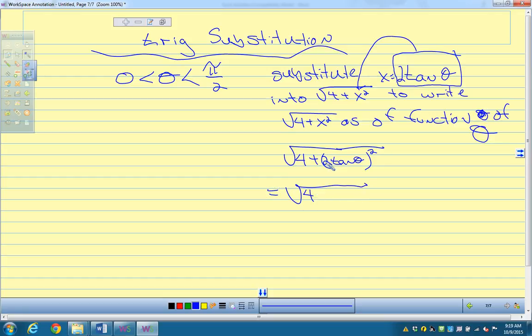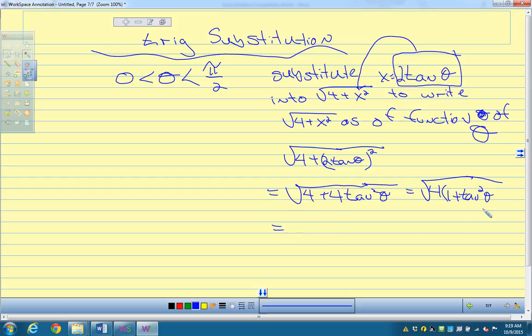When I square this, what do I have? What's 2 squared? 4 tangent squared theta. Does anyone see anything I can do with those 4s? Factor out a 4. So now this is equal to the square root of 4 times 1 plus tangent squared theta.